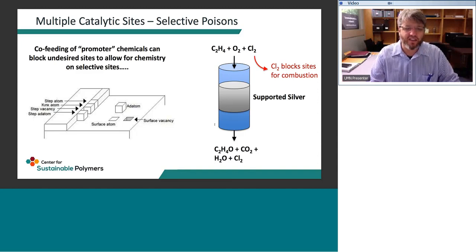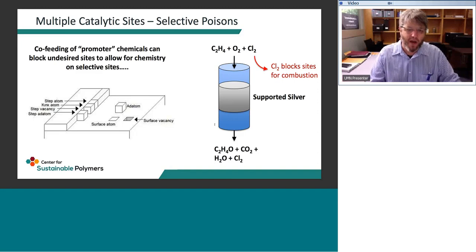Well, there are some classic examples where we allow the metal to form all the different types of sites that we want, and then we can actually try and suppress the sites that are negative for the chemistry of what we're trying to achieve. And the classic example of this is ethylene epoxidation. If you look on the right, if you take ethylene and react it with oxygen, it can form ethylene oxide, a very useful chemical for a variety of applications.